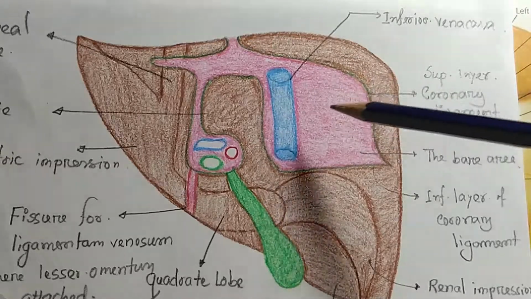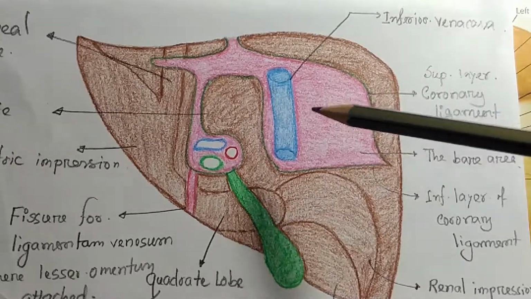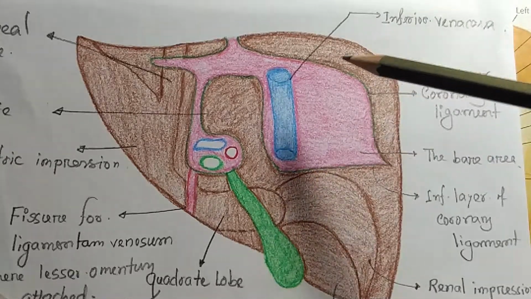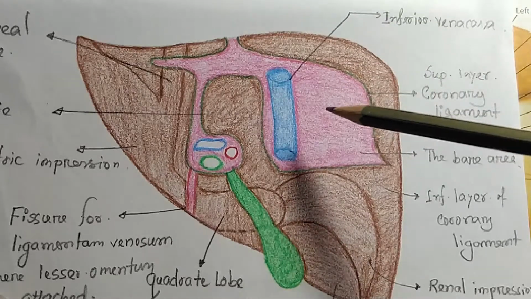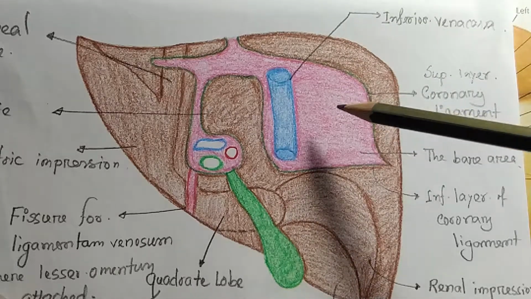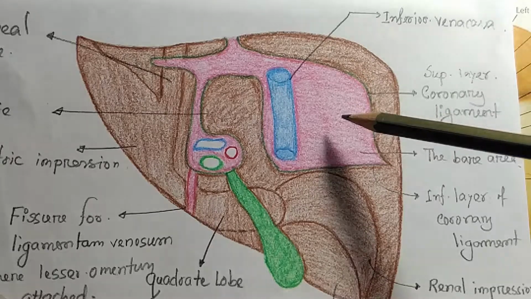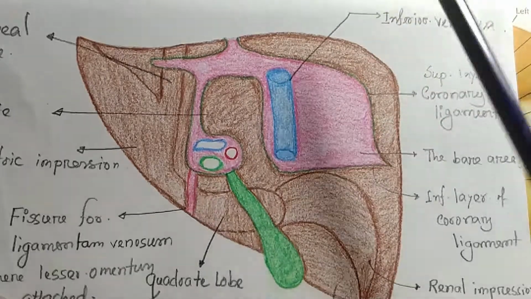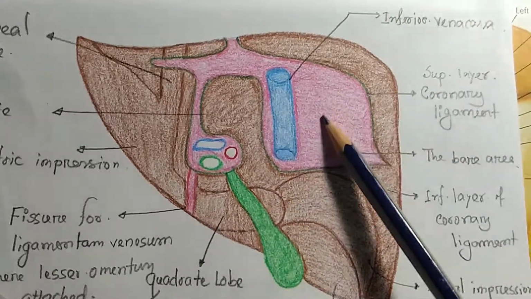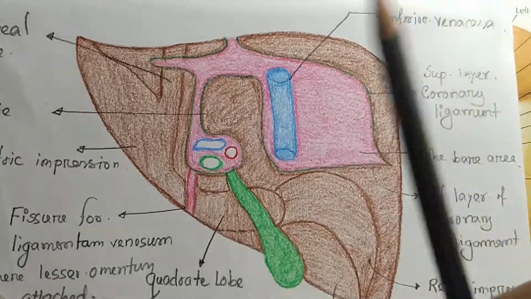So the Bare area has some clinical importance along with another importance with the portosystemic anastomosis, because it is one of the important portosystemic anastomoses.